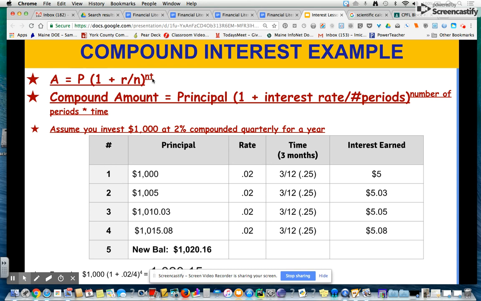So if you did that out on your calculator, your answer would be $1,020.16. You would work within the parentheses first, so it would be 0.02 divided by 4 equals, plus 1 equals, raised to the 4th power equals, times 1,000. And your answer would be $1,020.16.